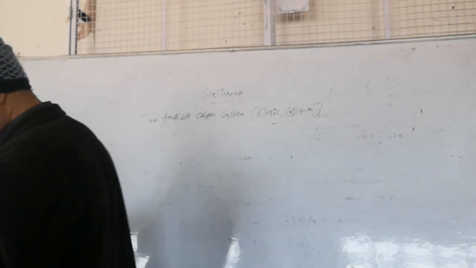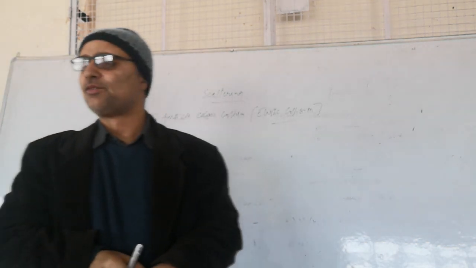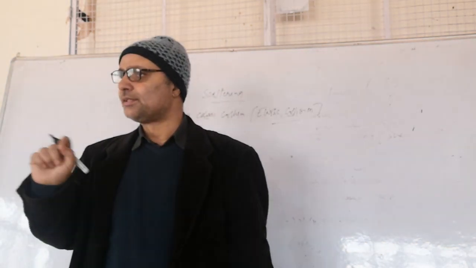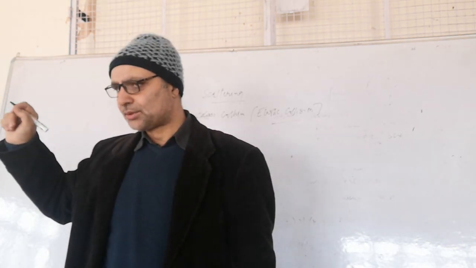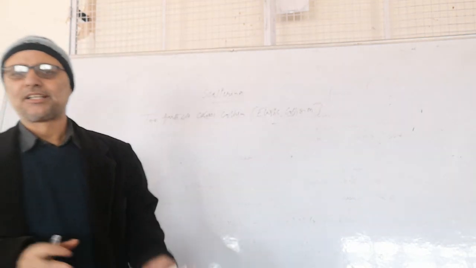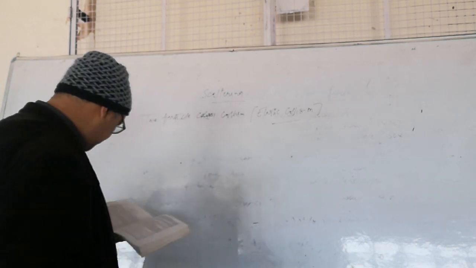For example, if you remember two-body problems, what did we do there? We took the center of mass and the reduced mass, mu equal to m1 m2 divided by m1 plus m2. So in that way we can sometimes make some simplifications.